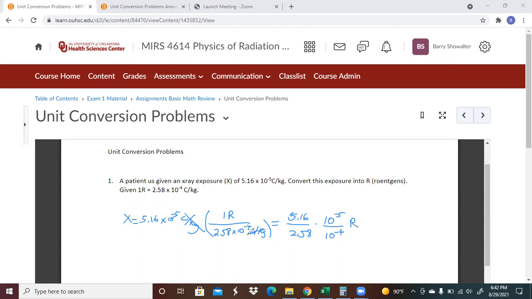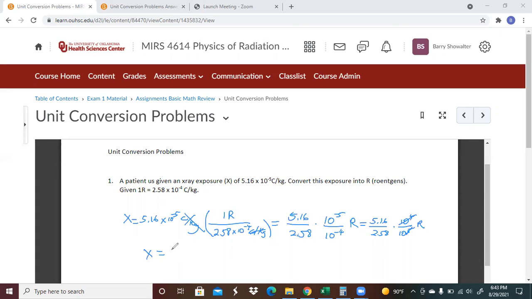So now, let's see, if we have 10 to the minus fifth here and 10 to the minus fourth, essentially, another way of looking at this is 5.16 divided by 2.58 times 10 to the fourth over 10 to the fifth. That cancels with everything except for 1 over 10 here. So we've got 5.16 divided by 2.58. So what does that end up equaling?